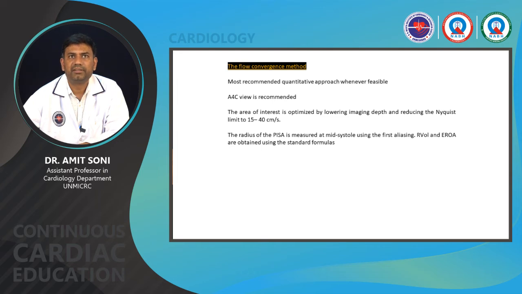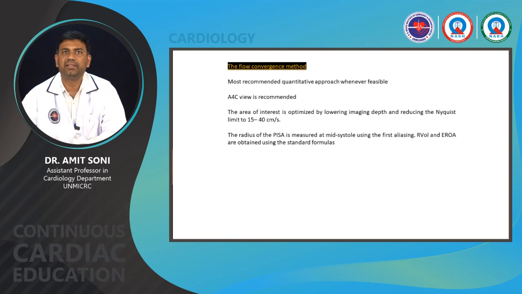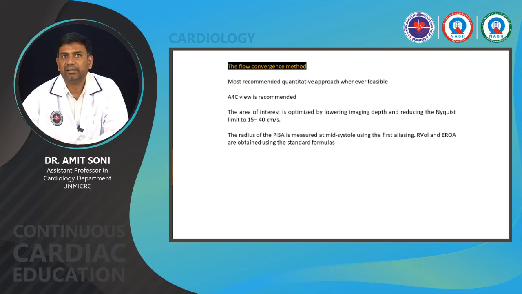The flow convergence method is the most recommended quantitative approach whenever feasible. A 4-chamber view is recommended. The area of interest is optimized by lowering the image depth and reducing the Nyquist limit to 15 to 40 centimeters per second. The radius of PISA is measured at mid-systole using the first aliasing.